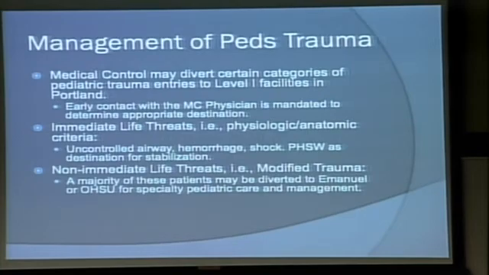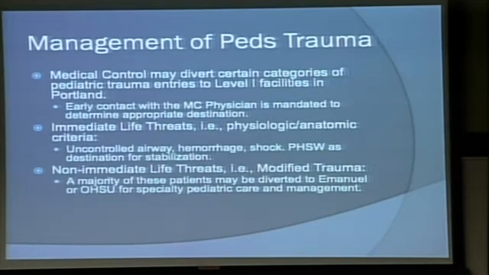Now, medical control nowadays will divert certain categories of pediatric trauma to level 1 facilities in Portland because they have pediatric level 1 facilities. But early contact with medical control is mandated to determine that destination.